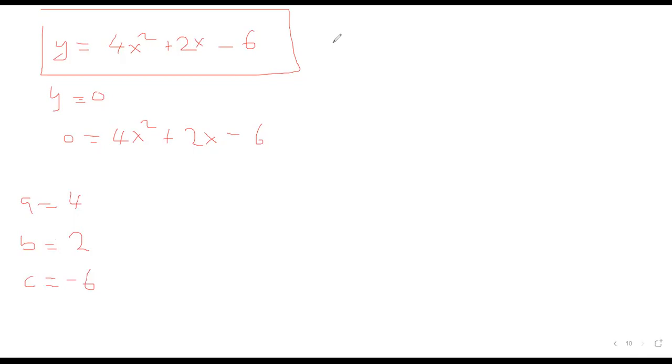Then can somebody give us a general formula to find x? What is the general formula? Negative b plus or minus square root of b squared minus 4ac over 2a. Okay, excellent.